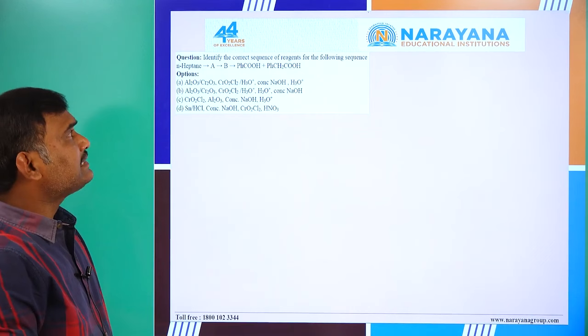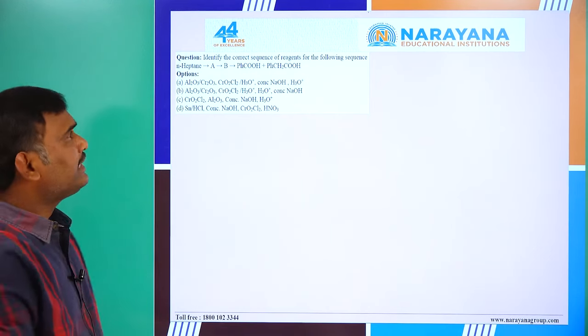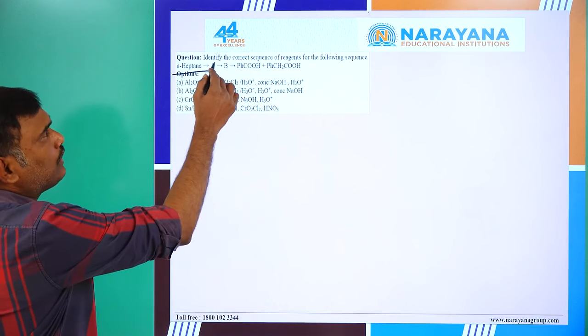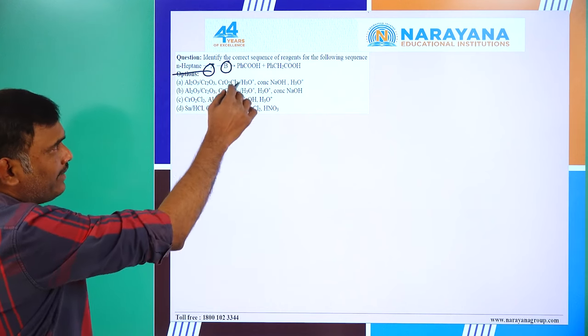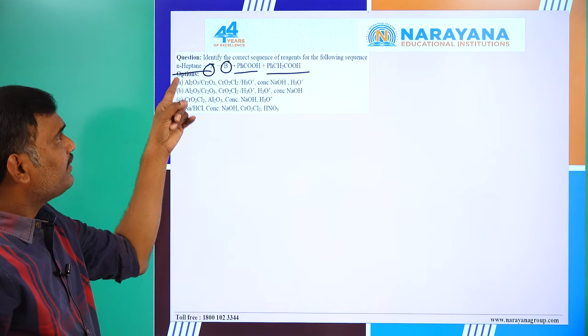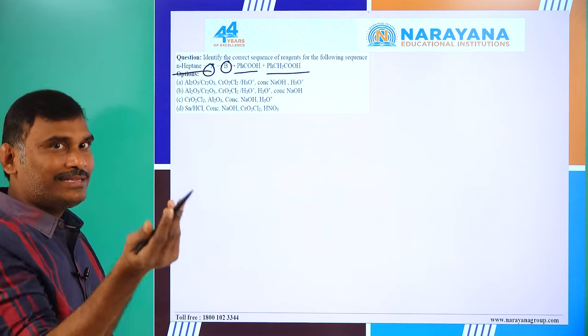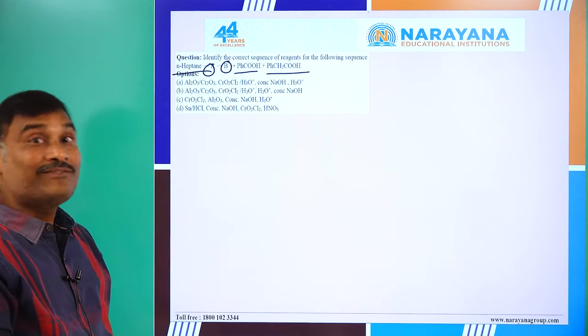Identify the correct sequence of reagents of the following sequence. They gave n-heptane going to A, going to B, and then benzoic acid. If you observe the given options, Al2O3 and Cr2O3 mean aromatization or reforming.